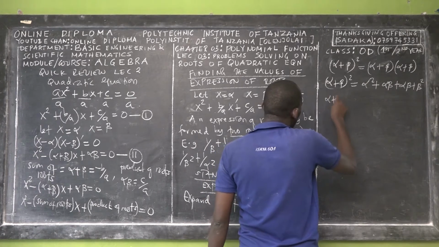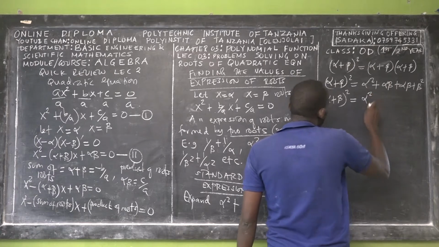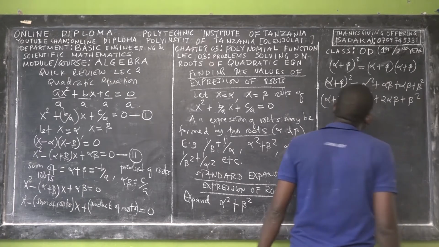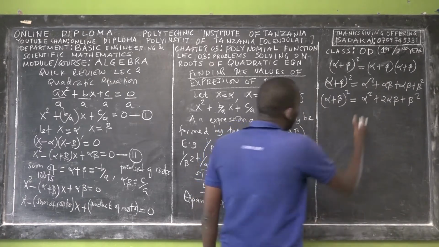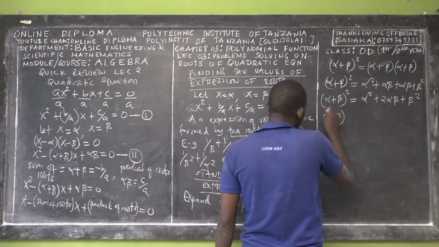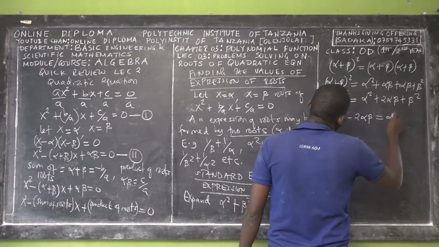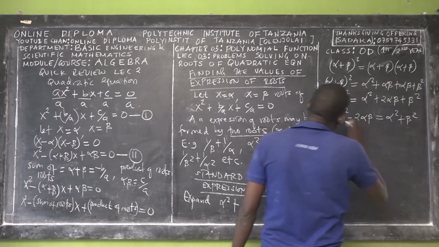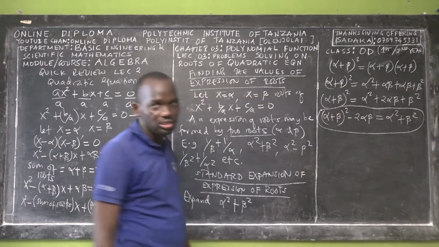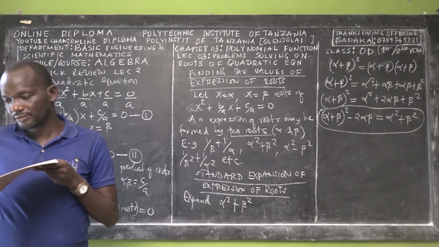This is equal to alpha squared plus twice alpha beta plus beta squared. So we have to make this the subject: alpha plus beta squared minus 2 alpha beta is equal to alpha squared plus beta squared. We have to remember these expressions because we are going to use them in this session, and they can be tested in an example.